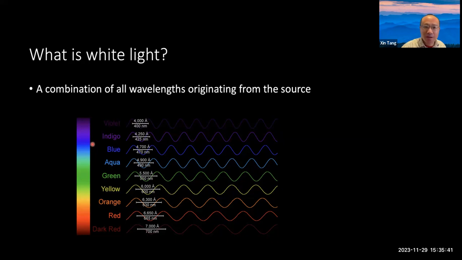H is the Planck constant, developed by Max Planck. That's a constant. Mu is the frequency, and if the frequency is larger, then the energy is also larger.